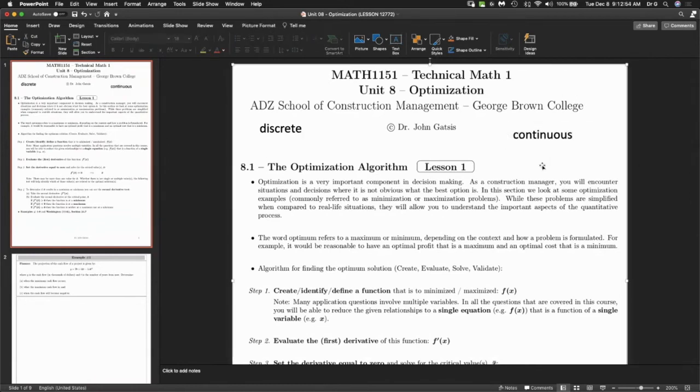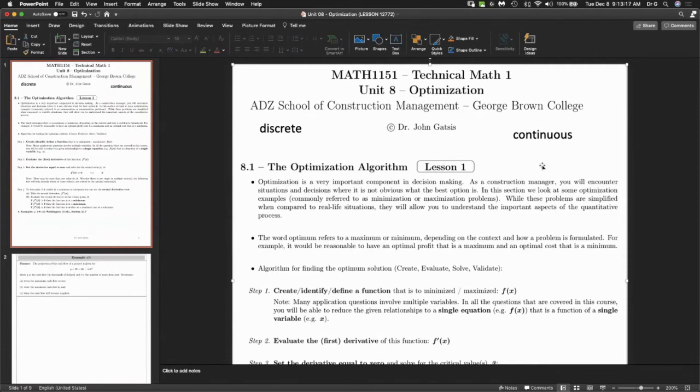On the other side of the coin, there's continuous. Continuous variables are ones where you could have the in-between. So, for example, what temperature should I set the refrigerator to in my food warehouse so that I minimize my electricity bills while maintaining a level of cold for storing food?